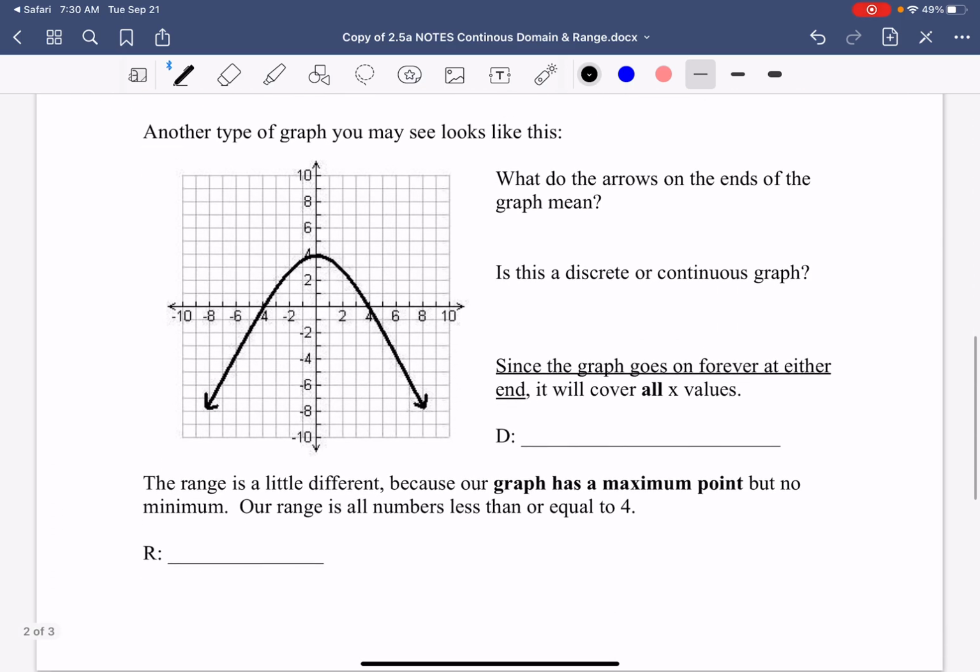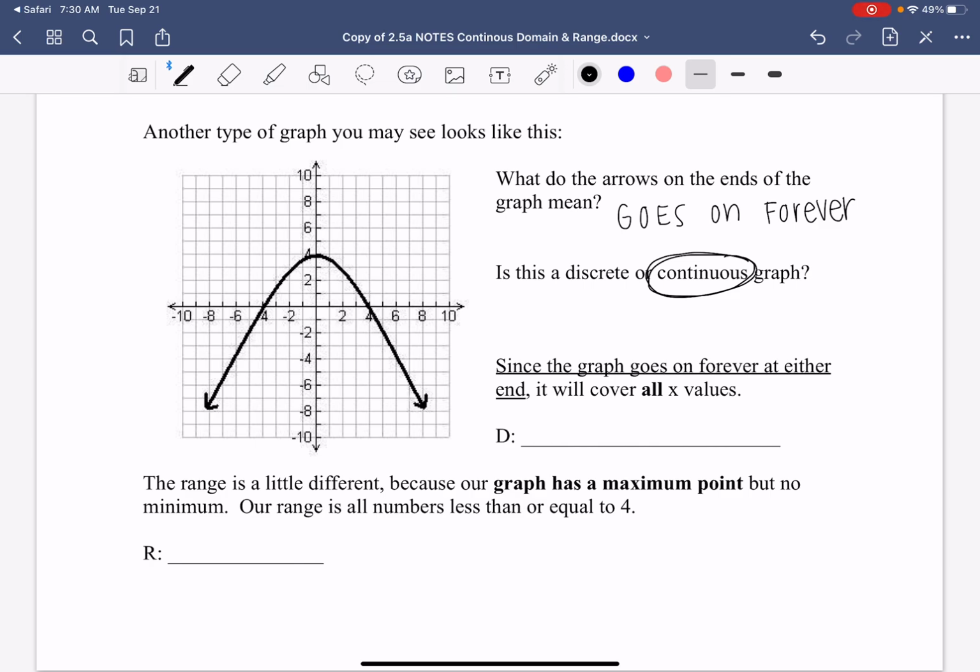Okay. Another type of graph you may see may look like this. What do the arrows on the ends of the graph mean? This means it goes on forever. Okay, so is this a discrete or continuous graph? Well, since it is a curved line, it is continuous. And since the graph goes on forever, it will cover all x values.